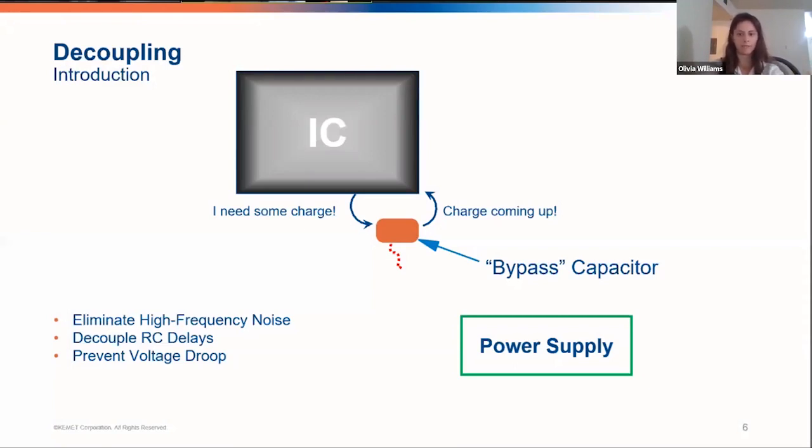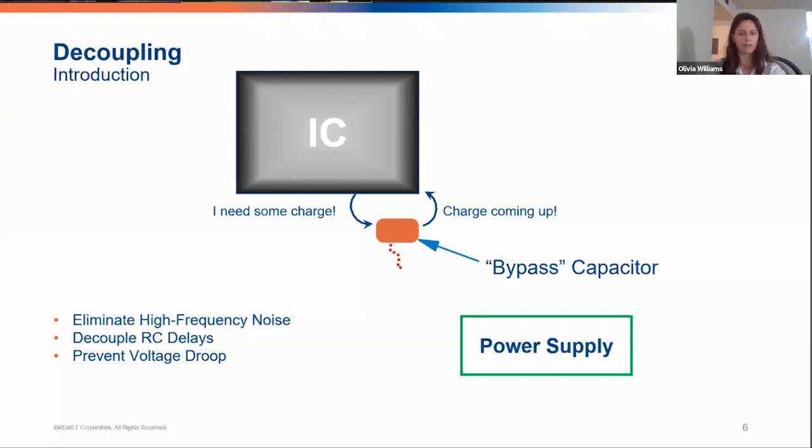They can effectively act like a local reservoir of energy, helping maintain stable voltage levels and supply fast power to prevent any voltage droop, like if many of the devices demand power all at the same time. They can also protect the IC from any high frequency noise on the bus, and decouple RC delays that can also lead to lowering the bus levels.